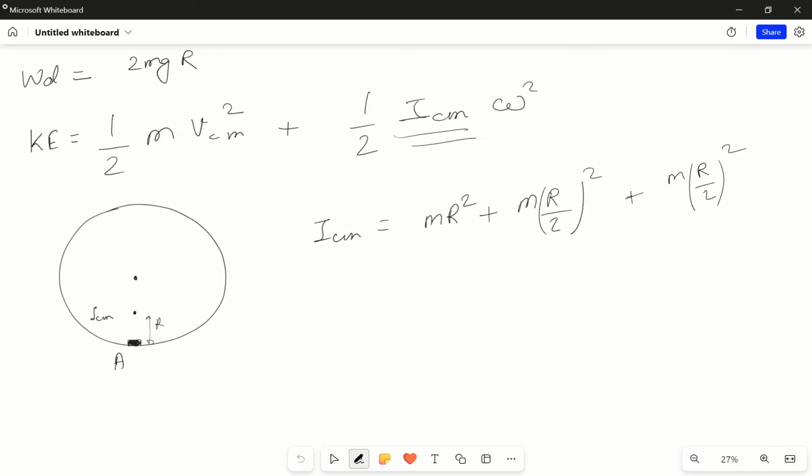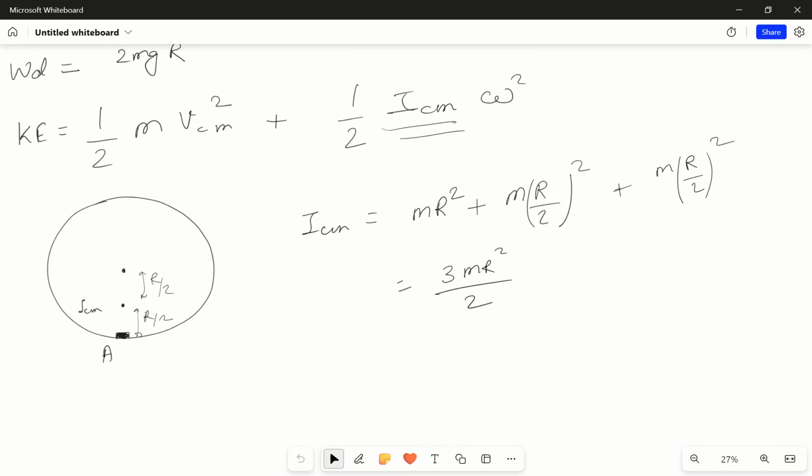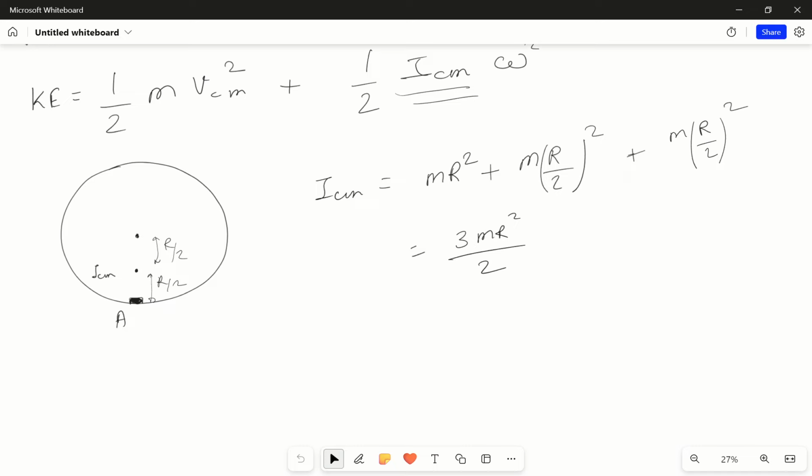This distance is r/2, this distance is r/2. So what is this coming? This is coming 3mr square by 2. Okay, so we have found the moment of inertia about center of mass.